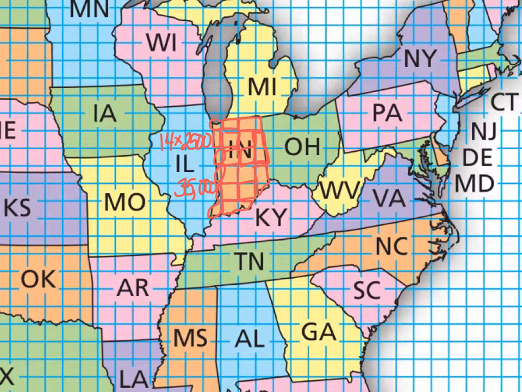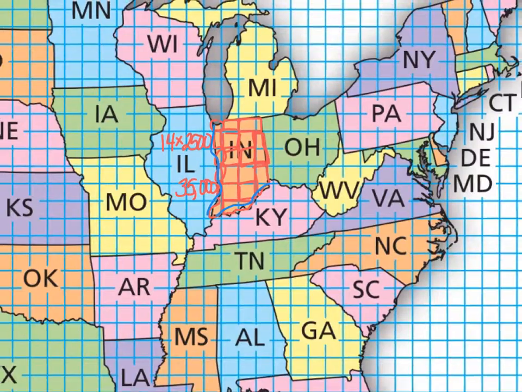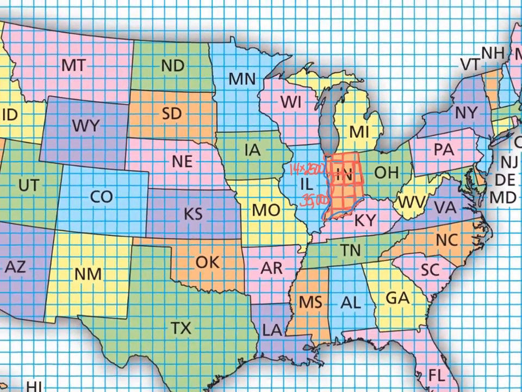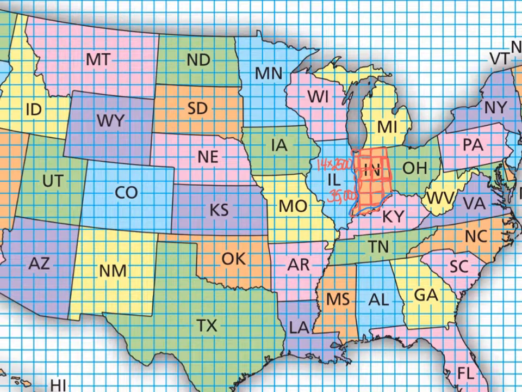Indiana was a little bit difficult to do though because we had these partial squares, and Indiana is actually bordered by two rivers here. You can see on the Illinois side and then here on the Kentucky side. So states that would be easier to do are states like Colorado, which would be incredibly easy to do, right? It does have partial squares, but Colorado itself is rectangular.